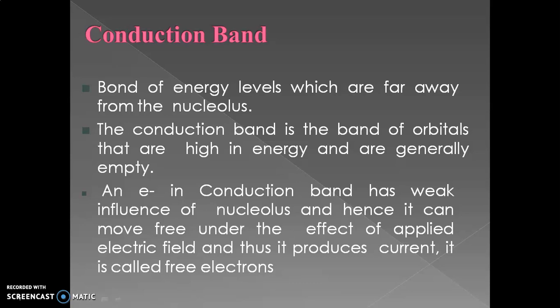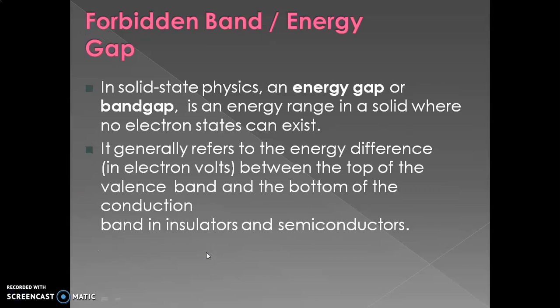Generally, insulators have an empty conduction band. On the other hand, it is partially filled for conductors. The Fermi gap is generally referred to as the energy difference between the top of the valence band and the bottom of the conduction band. Bands in insulators and semiconductors.